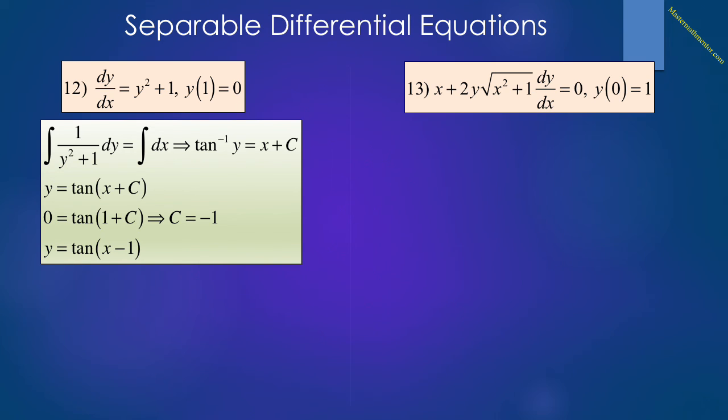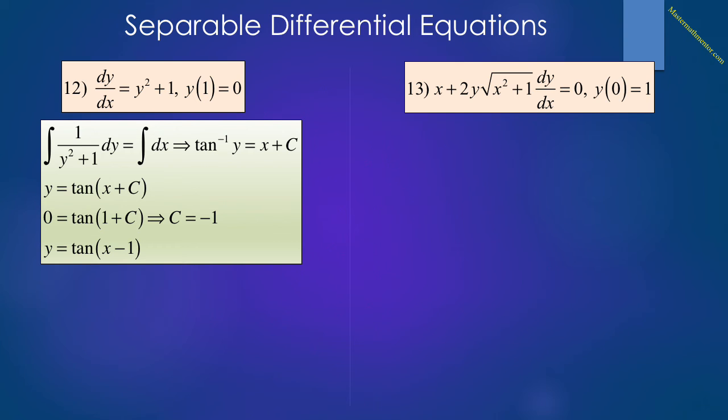Number 12 reads dy/dx equals y squared plus 1 and y of 1 is equal to 0. Separation is easy. We write 1 over (y squared plus 1) dy is equal to 1 dx, and we can then integrate both sides, and we end up getting the inverse tangent of y is equal to x plus c.